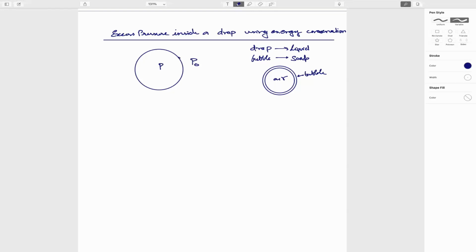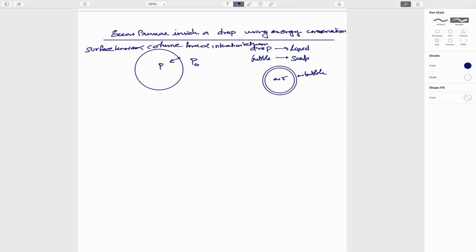This surface tension tries to pull this liquid. These water molecules have cohesive force, because the surface tension is directly proportional to cohesive force.